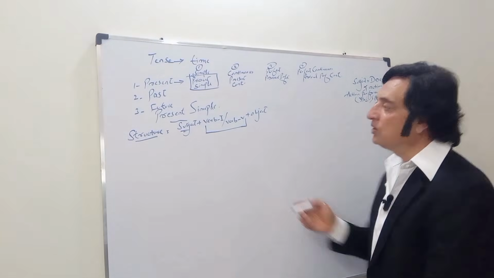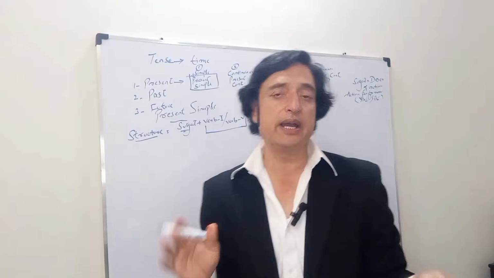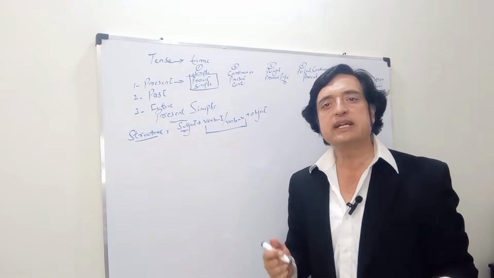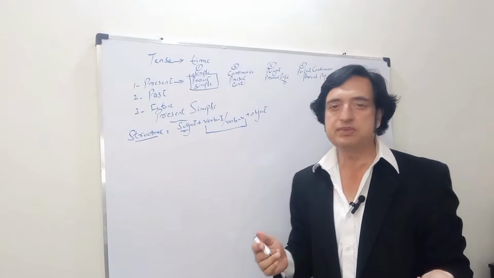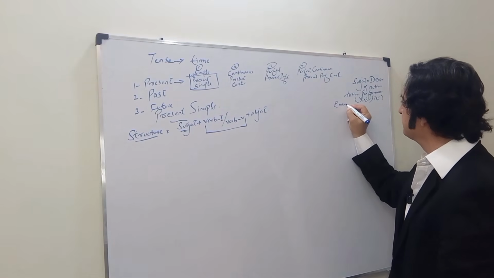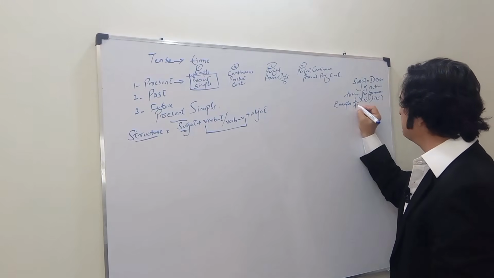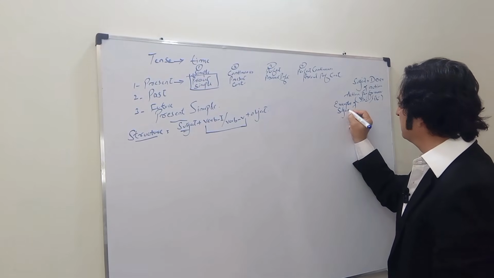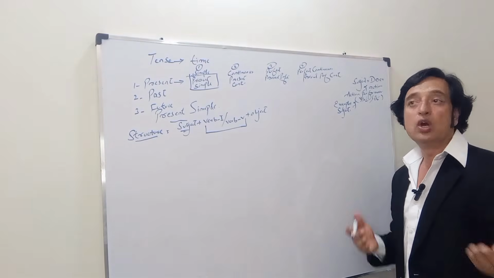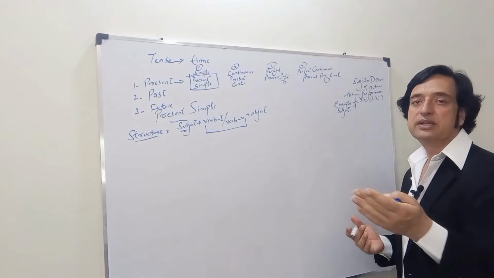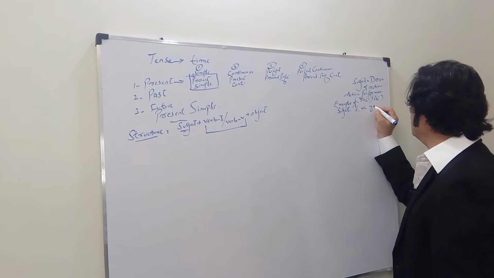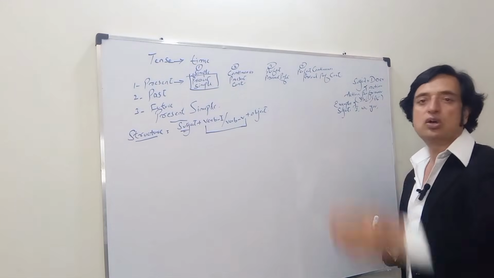What if somebody asks you, okay fine, doer or action performer, but can you please give me examples of who could be the subject? Examples of subject: I play cricket. We go to the market. You sing a song.